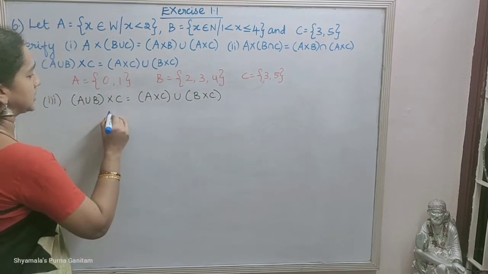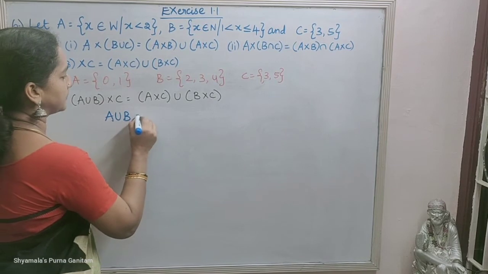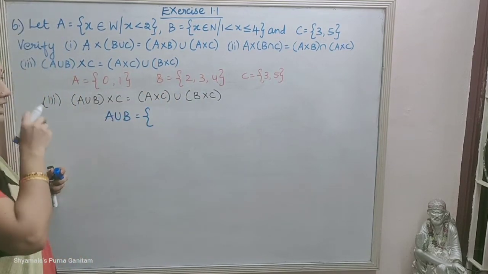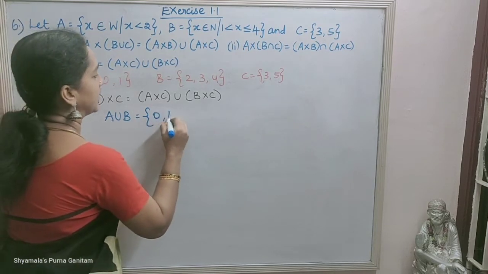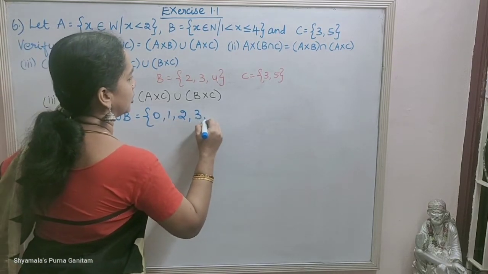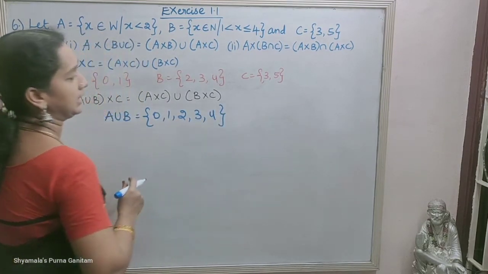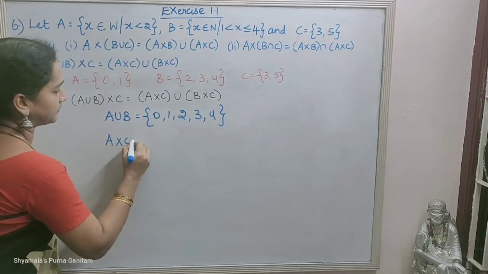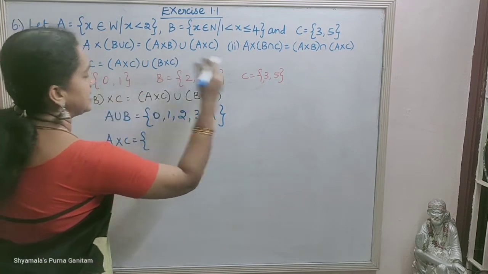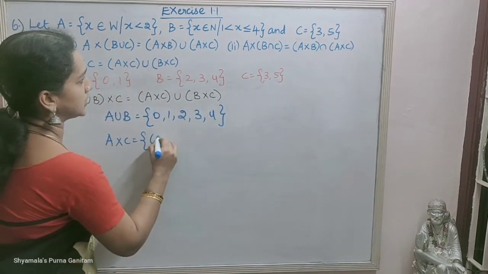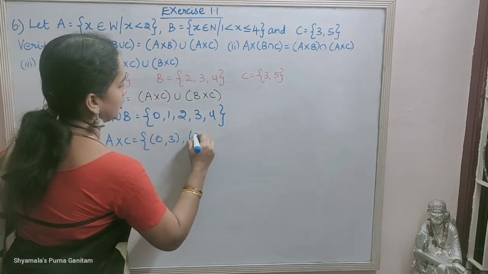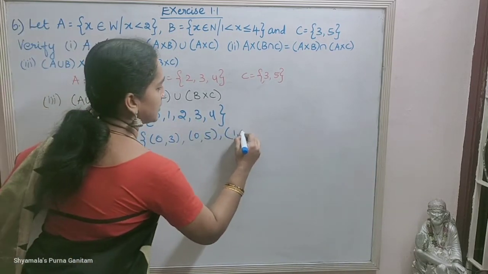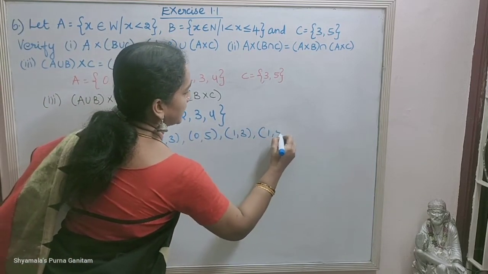So first one is A union B. Union means you have to combine the elements in both A and B sets. So when we combine, we get 0, 1, 2, 3, 4. So these 5 elements we will get. Then A cross C. A and C. So (0, 3), (0, 5). Then (1, 3) and (1, 5).